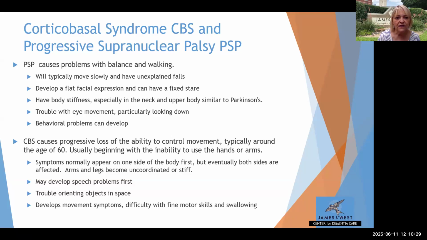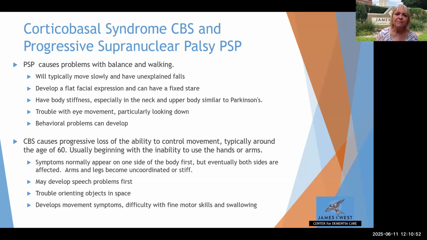CBS causes the progressive loss of the ability to control movement. This is usually around the age of 60 that this one gets diagnosed. And it usually starts in the hands and arms, where they're having a hard time with the use of their hands and arms. It typically appears on one side of the body first, but eventually both are affected.